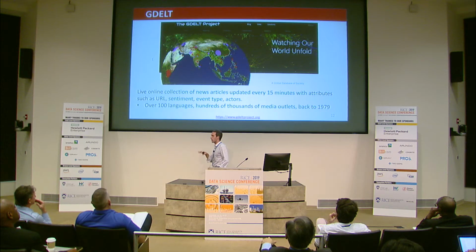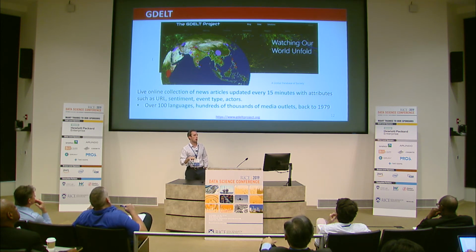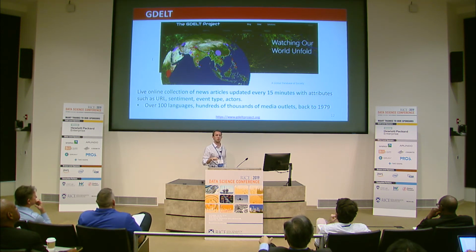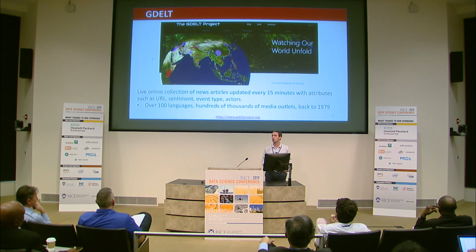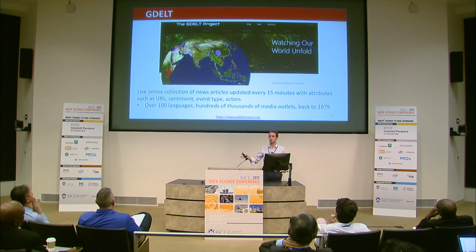It doesn't include the full content of each of these news articles, but it does come with information like the sentiment of this article based on natural language processing, the type of events that are referenced in the article, like country A negotiates with country B, or country A purchases land from country C, or person A kills person B, as well as unique identifiers for each of the actors that are associated with these events. And so with this, you can get a lot of semantic information, and you can also get URLs for these source articles so that you can actually pull them down and do your own parsing on these articles.